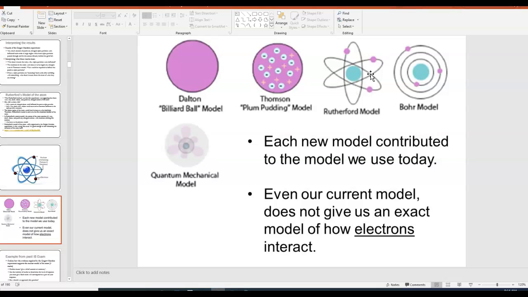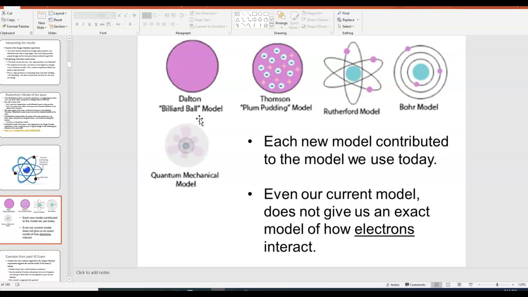Okay, so we'll talk more about the Bohr model later in this unit, but notice the evolution, and this is how science works. Notice the evolution in our understanding of atoms and the different models of the atom that have evolved over time. Okay, each new model built upon the one that came before it. And even our current model of the atom using quantum mechanics, the quantum mechanical model, is not 100% perfect or perfectly understood.